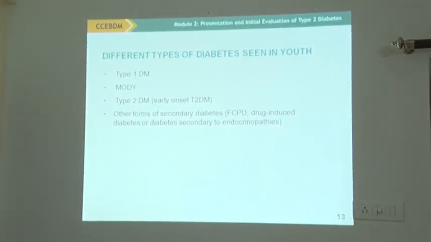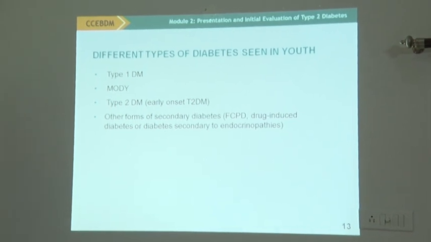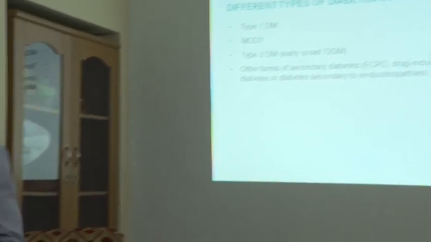In the young, apart from type 1 and type 2, we see another group of diabetes, that is MODY, maturity onset diabetes in the young. I do not think it is very important for this course, but you must have some little idea about MODY. What is that?